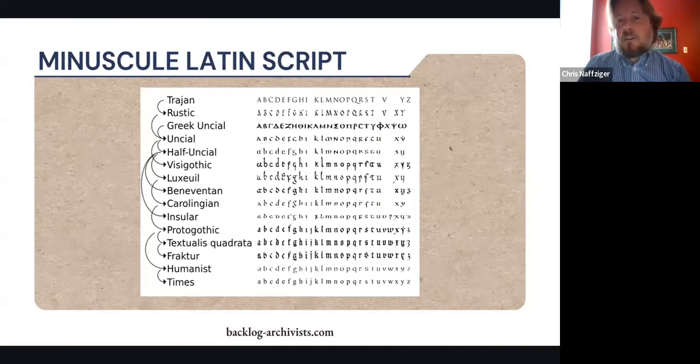So this might look really confusing, but it does give us a very clear example of how everything basically descends from everything else. So we start at the top with what's known as Trajan, which is basically the Latin alphabet. That was the 2nd century AD, when Trajan was an emperor of the Roman Empire.